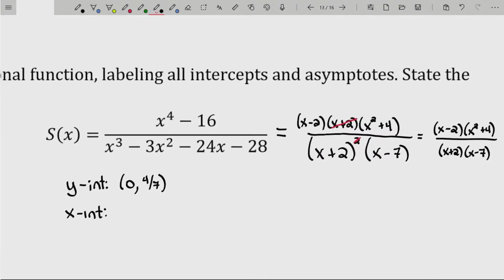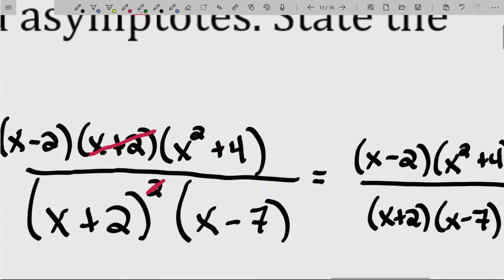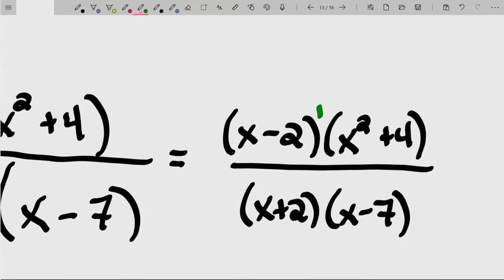We can see here that we have an x-intercept at 2. So I'll just say (2, 0). And actually, I'm going to make a little note now. I'm going to say that the multiplicity of that is 1. That'll be helpful. In other words, the power on the x minus 2 is a power of 1. Also, something to note.